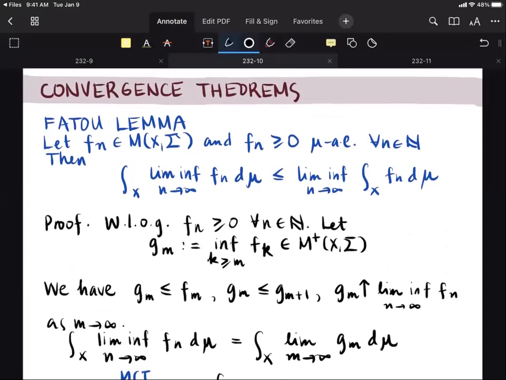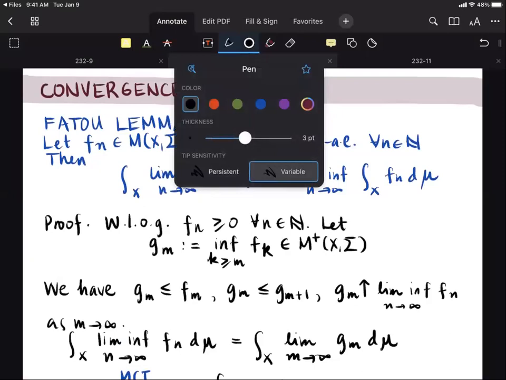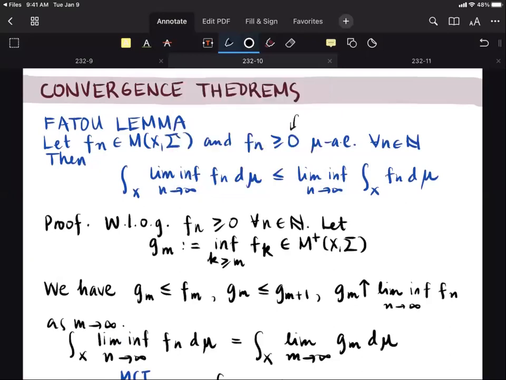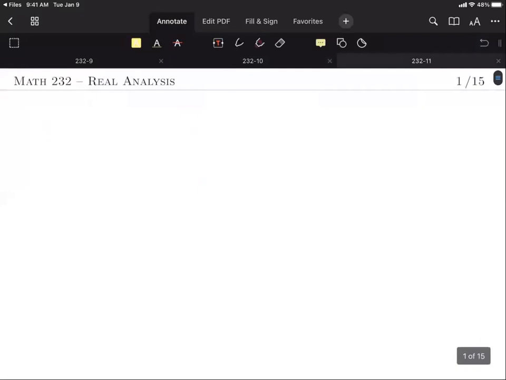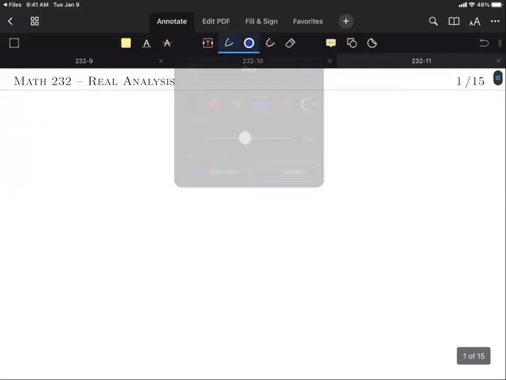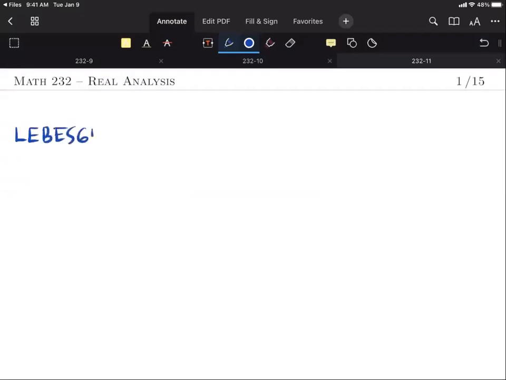A consequence of this is the following. So what if, instead of having a bound 0, we have a bound that is also integrable. And the generalization is what we call the Lebesgue-Fatou lemma.